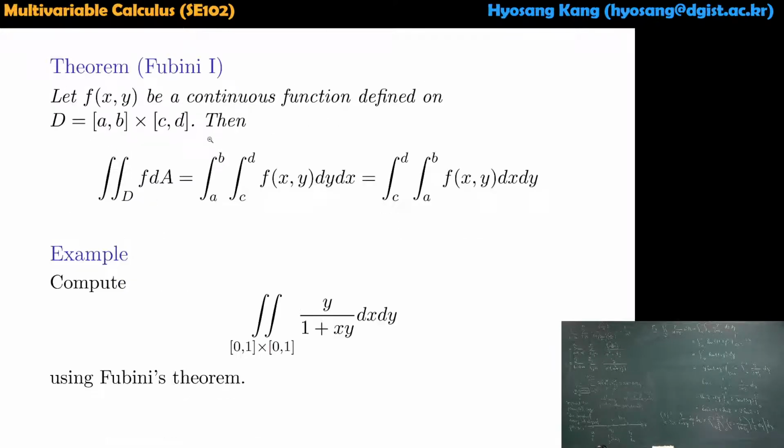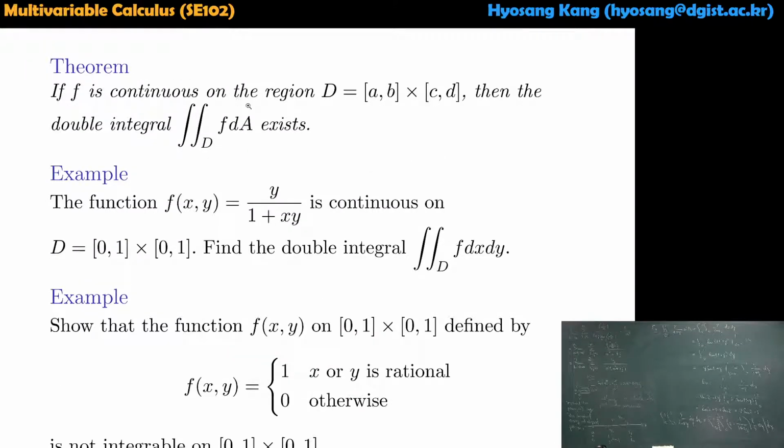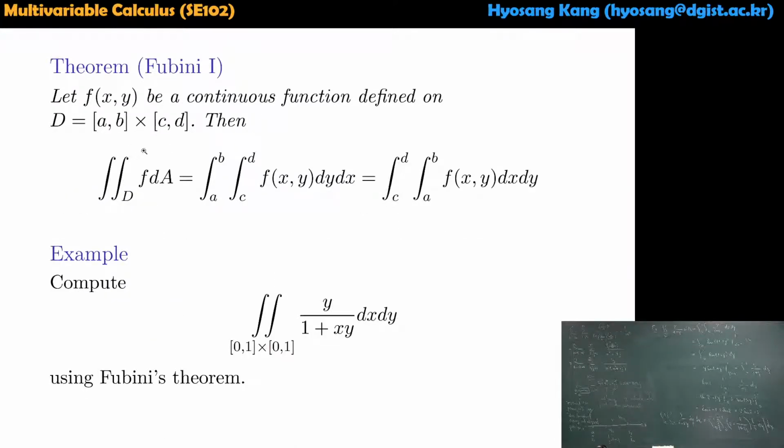But in this theorem, you could have a discontinuous point as long as the limit doesn't diverge, then the double integral could still exist. But here, the situation is getting worse. If you don't have continuity, even though the limit exists, this equality doesn't hold. The double integral could exist, but sometimes the two iterated integrals may not match.